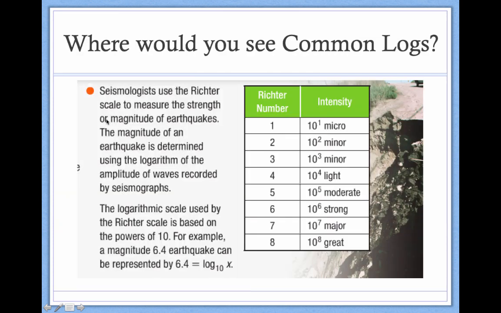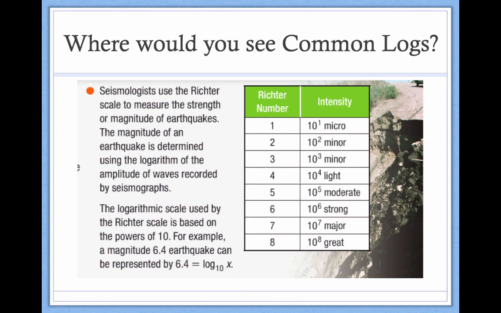Common logs are used whenever you hear how an earthquake registered on the Richter scale. The number associated with it is the exponent on the number 10.